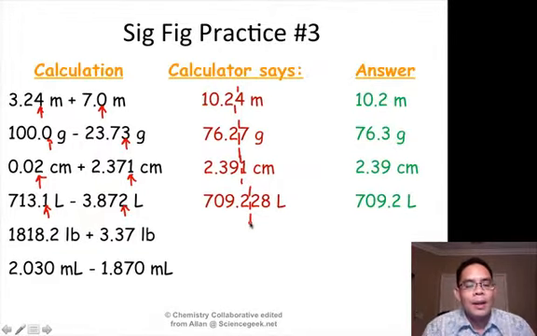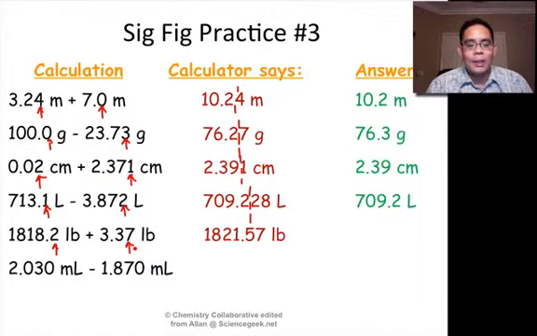Next number, this is to the tenths place. This is to the hundredths place. Plugging that into the calculator, after you add them, you get 1,821.57 pounds. Again, I want to be at the tenths place. So that means I get 1,821.6 pounds.